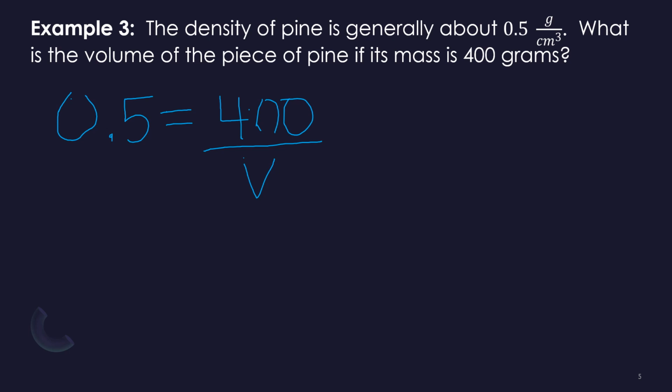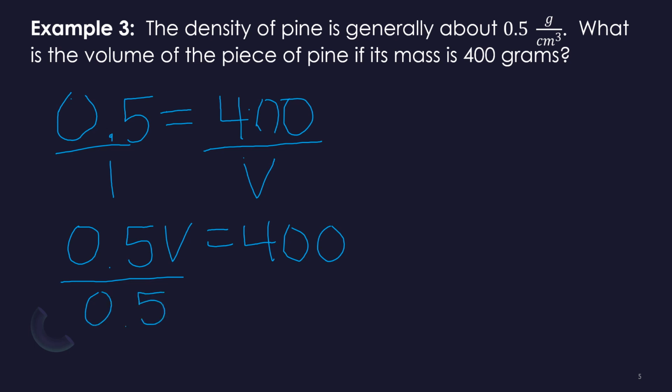This time our variable is not isolated, so we need to get the V by itself. There's multiple ways that you can do this, but we've done a lot of cross multiplication, so I'm just going to stick with that. So that's going to give me 0.5 V equals 400, and then I'm going to divide by the 0.5 to get the V by itself.